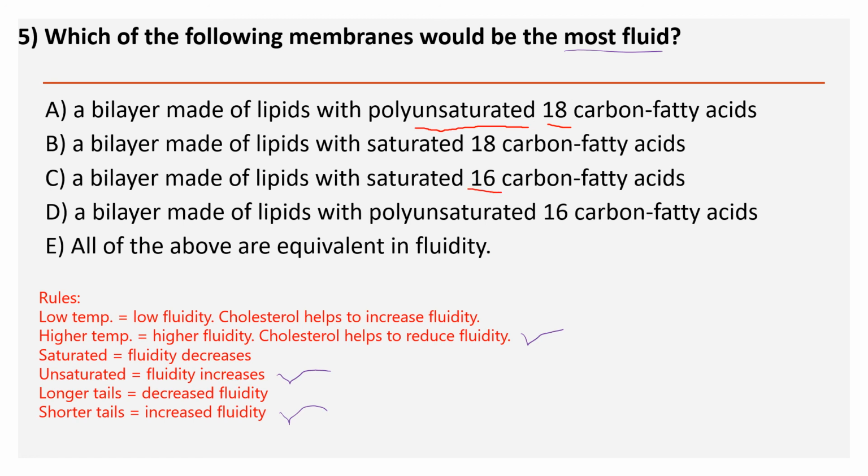And then D, a bilayer made of lipids with polyunsaturated 16 carbon. That would be more fluid. That's a shorter tail, so it's got two factors going for it. It's a shorter tail, which is more fluid, and it's unsaturated, so that's more fluid also. And then E, all of the above are equivalent in fluidity. No. So our answer is D.